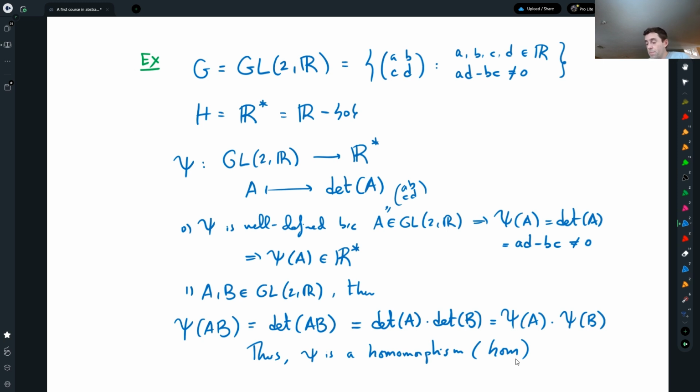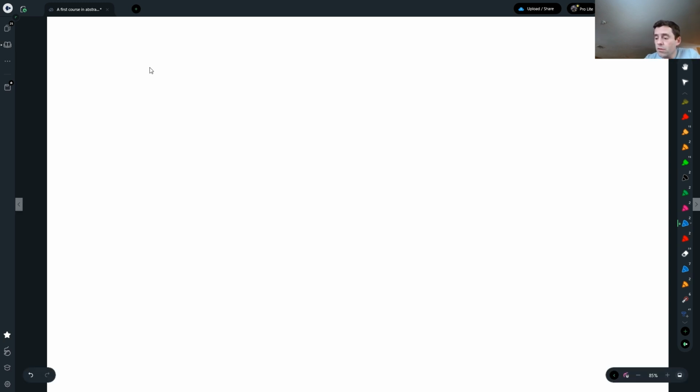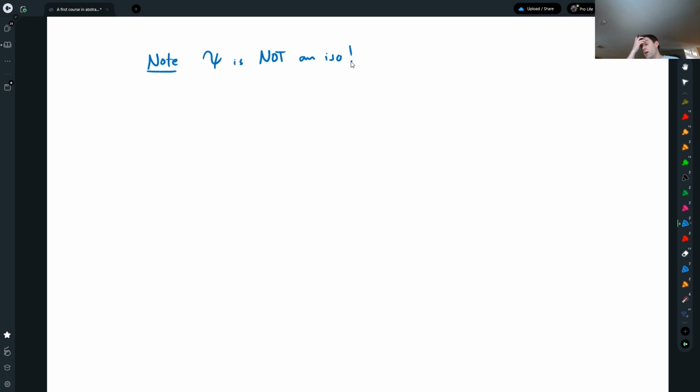Okay. However, psi is not an isomorphism. So note, psi is not an isomorphism because although it is surjective, it is not injective. So let's see that, first of all, psi is surjective.